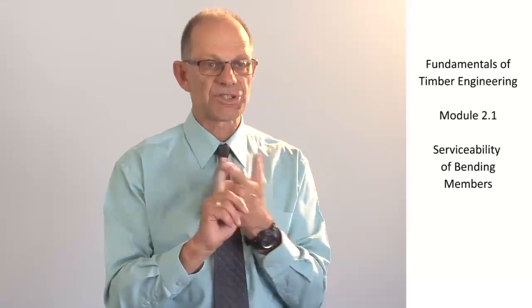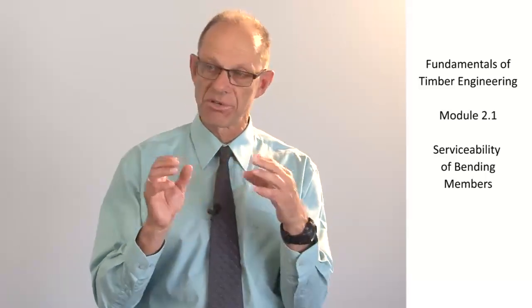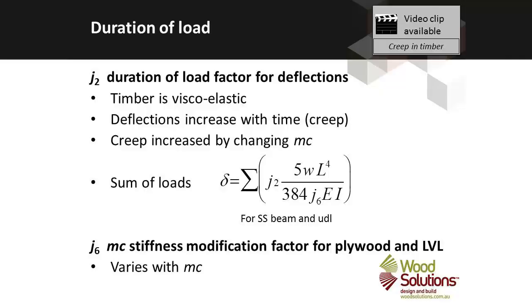Timber and concrete show deflection over a period of time. We call it creep. There is a video available on creep deflection of timber that outlines why the creep actually occurs. But we model it by using an elastic equation with a multiplier. That multiplier is larger if the load is applied over a longer period of time. That multiplier is the J2 factor.